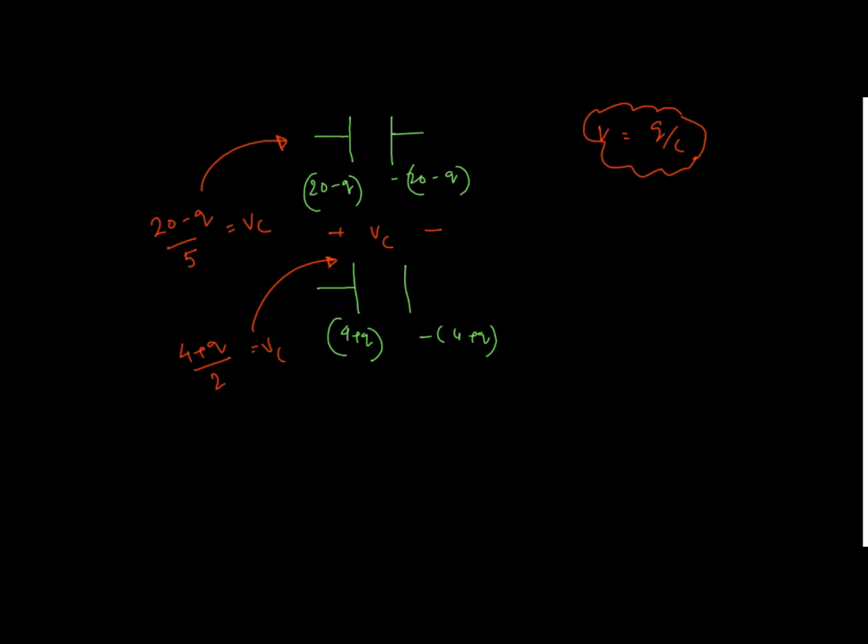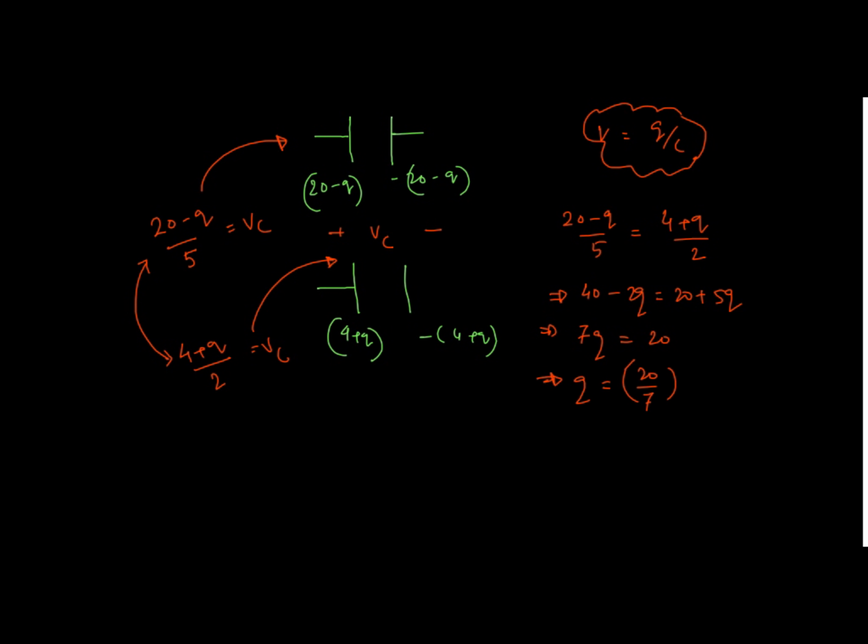So these two have to be equal. Then I can write (20 minus Q) by 5 is equal to (4 plus Q) divided by 2. If I simplify this equation, it is coming 40 minus 2Q is equal to 20 plus 5Q. So 7Q is equal to 20. So Q is equal to 20 by 7.